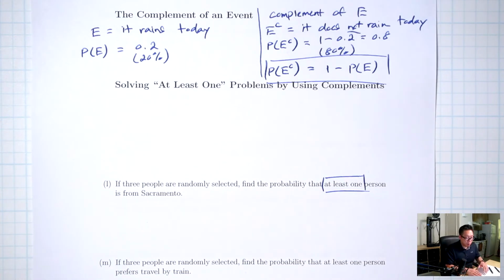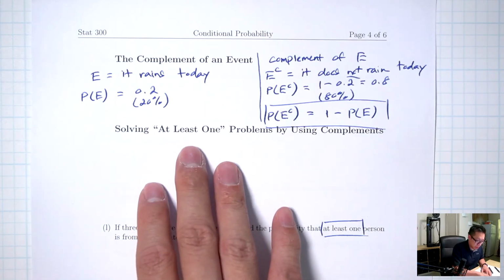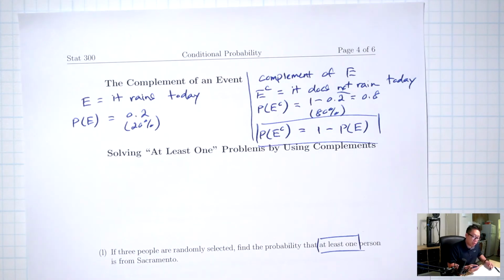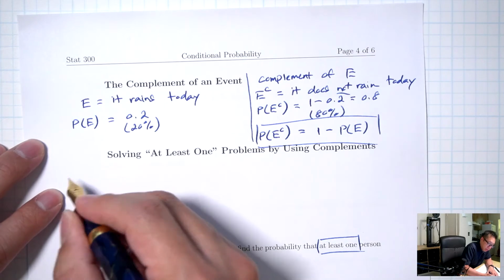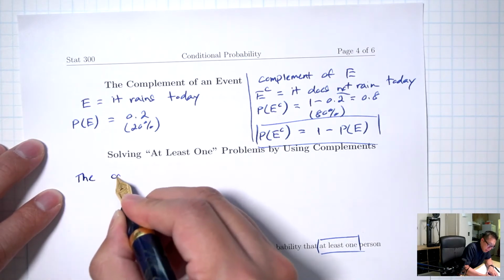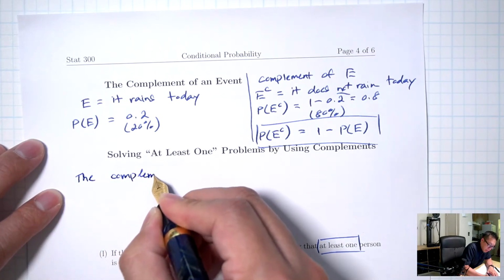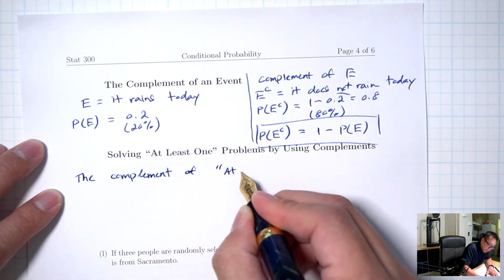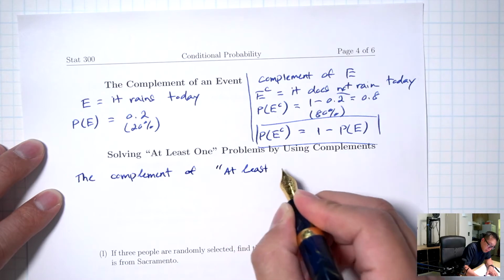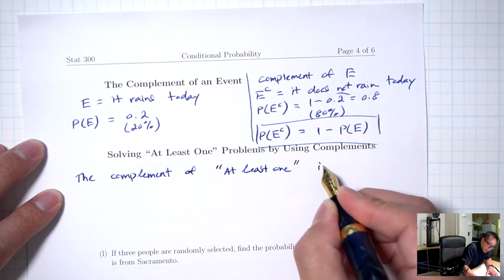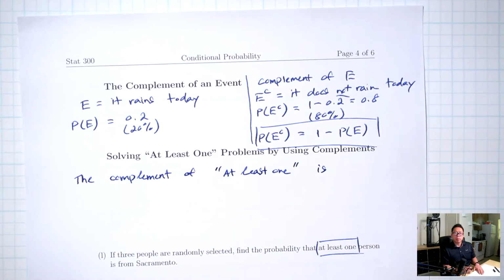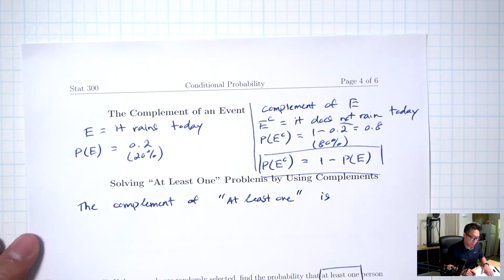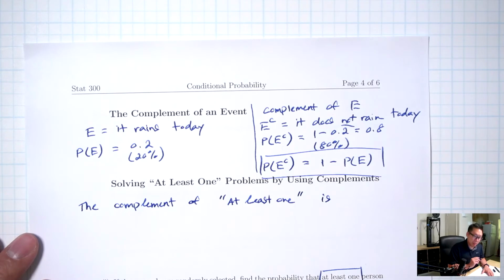So instead of solving at least 1 problems directly, we're going to do it by looking at the complements because it's easier. So what is the complement of at least one? Okay, so let me use an example to help you figure out what the complement is.